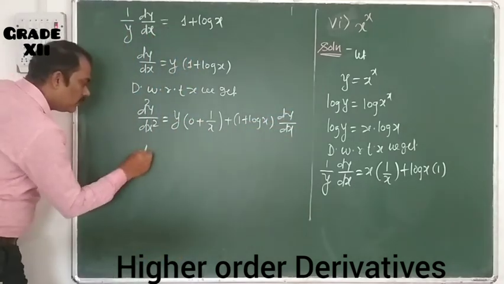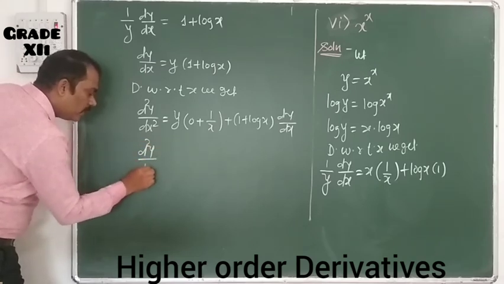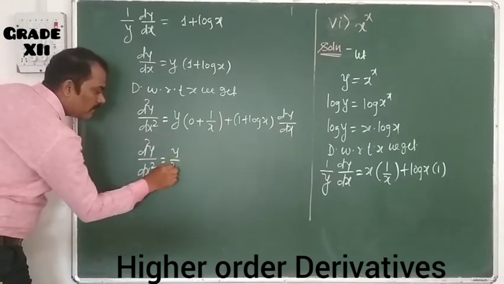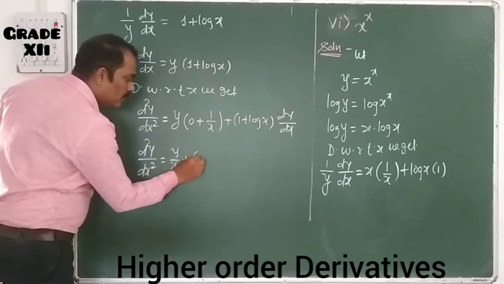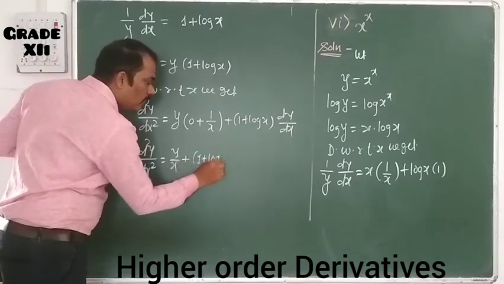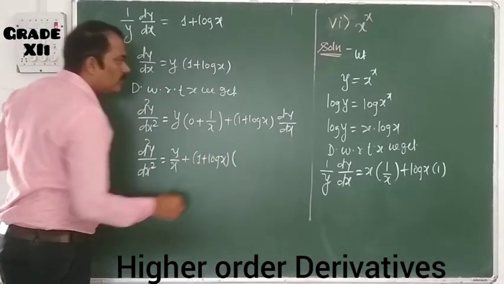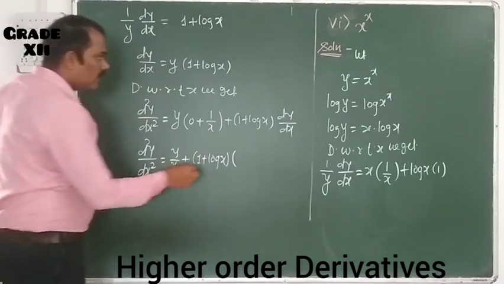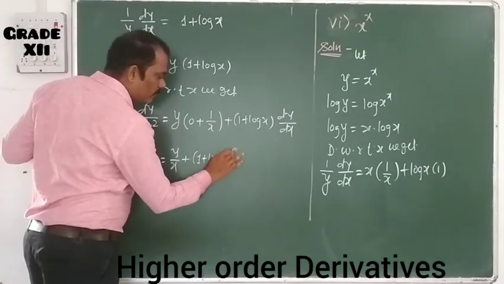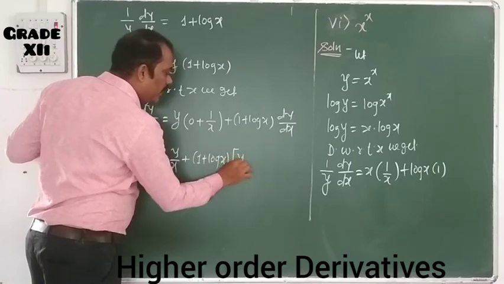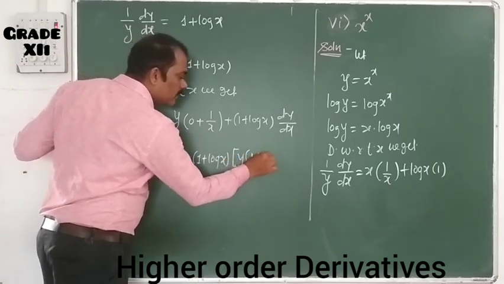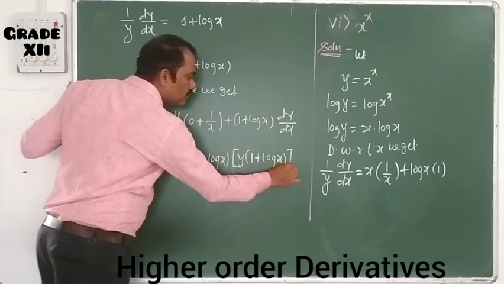So we get d2y by dx square is equal to y divided by x plus 1 plus log x into, what is the value of dy by dx? This one, that is nothing but y into 1 plus log x.